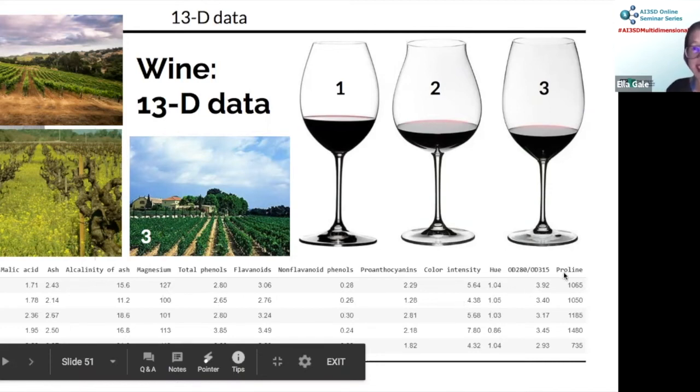There are 13 different analytes here, okay? So this is what I mean about 13-dimensional data, because there are 13 different dimensions on which you're measuring your data. So this one here is 0, this is your first glass of wine. Number 1 is your second glass of wine, okay?